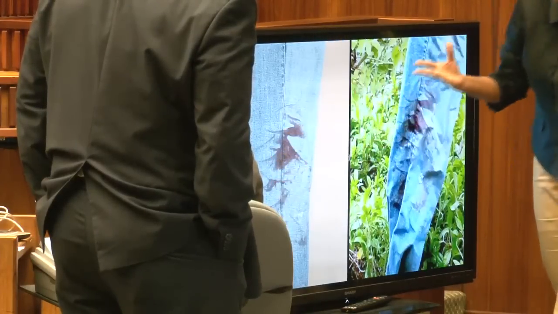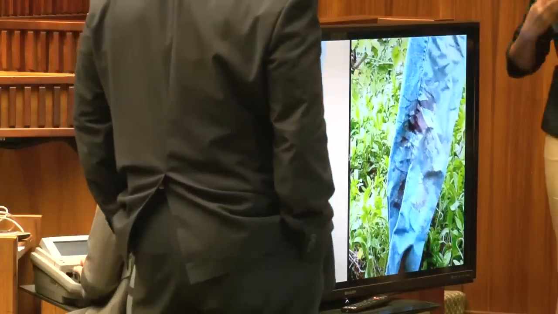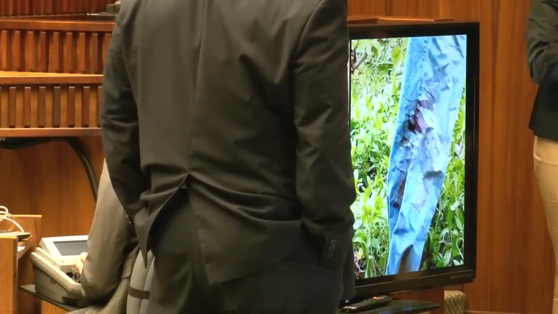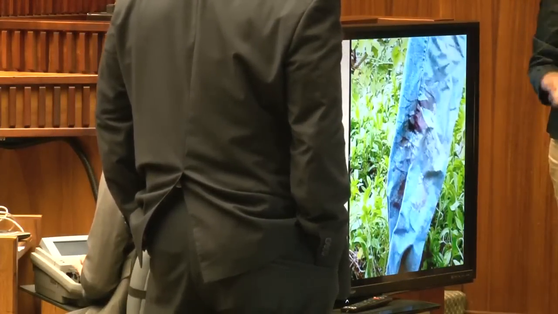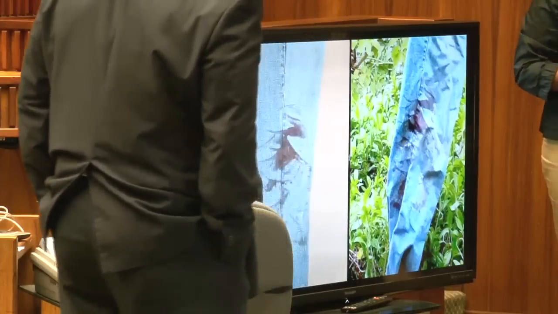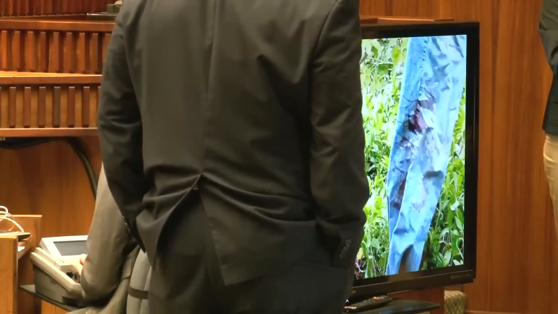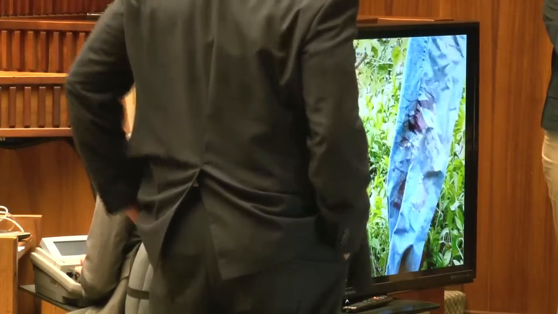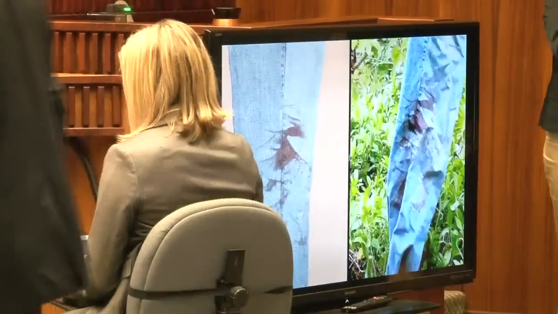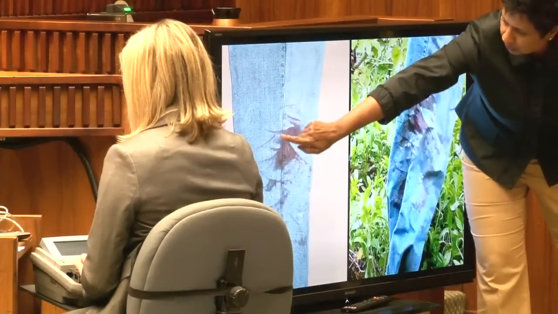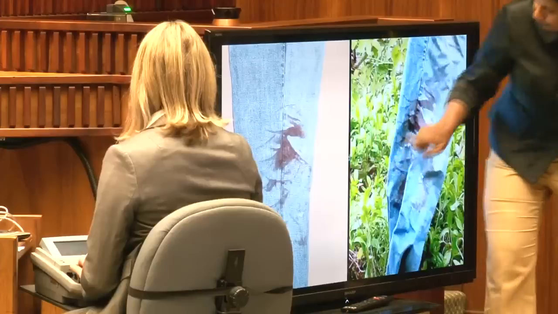And when we usually examine clothing that comes with our bodies, whether it's motor vehicle accidents or anything else that has blood on clothing, that's what one sees when there are folds. You may see these areas with no blood, just like what you see in this picture too. Here, here, here.